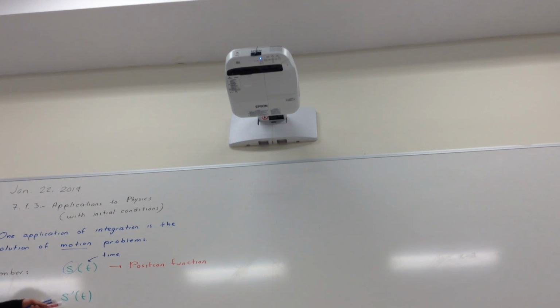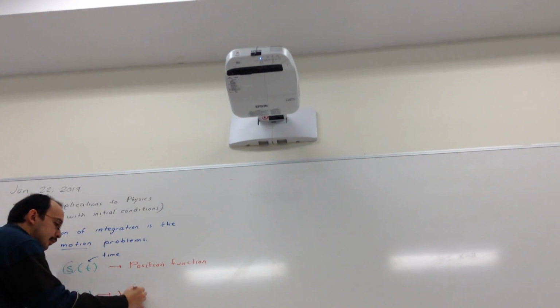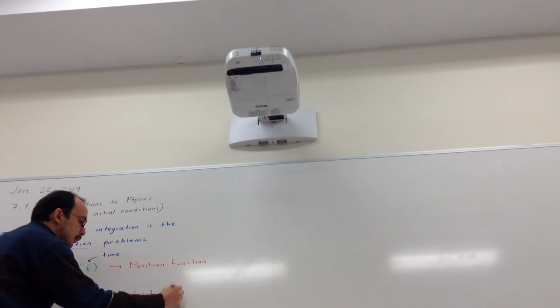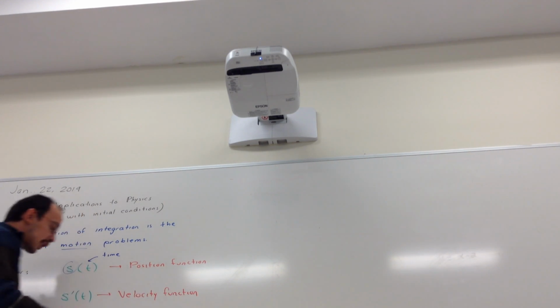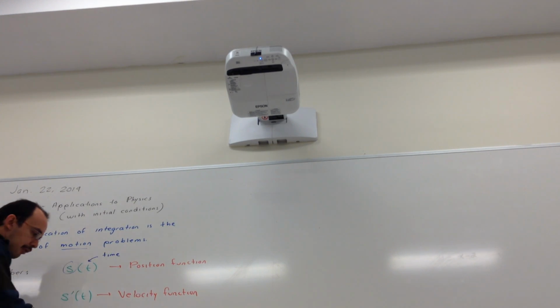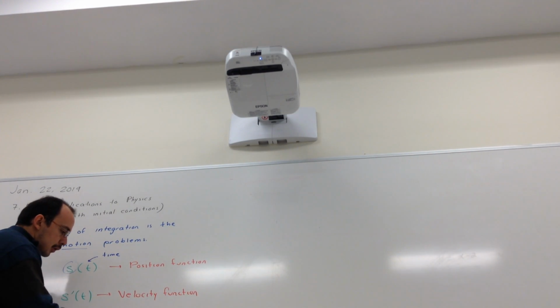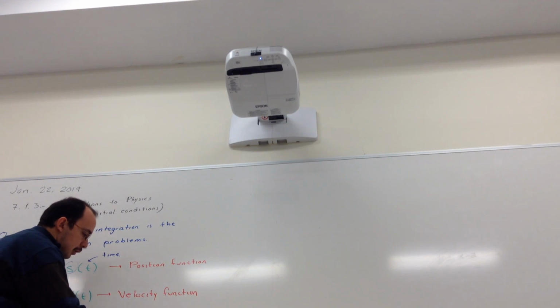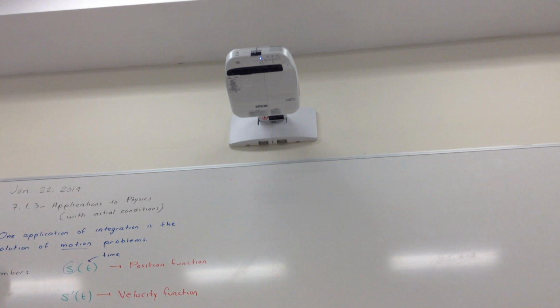Okay? The derivative of that is going to be what? Velocity. The velocity function. And the second derivative, or derivative of this one, is what? Acceleration. The acceleration function. And remember, if we go from this to this, the process is differentiation.